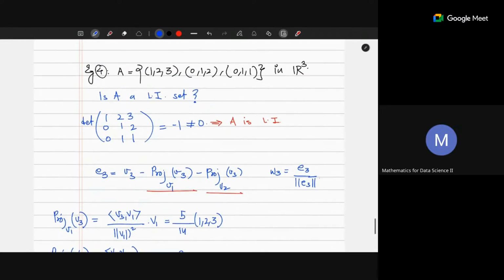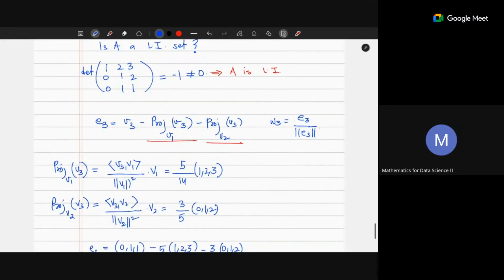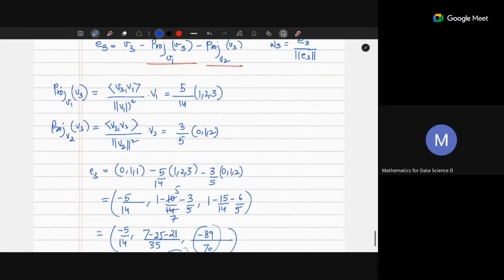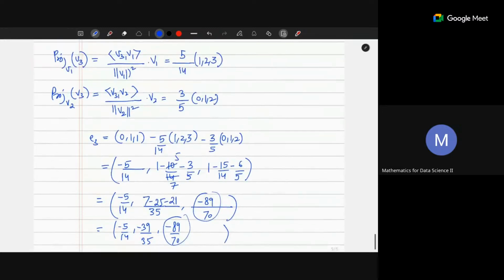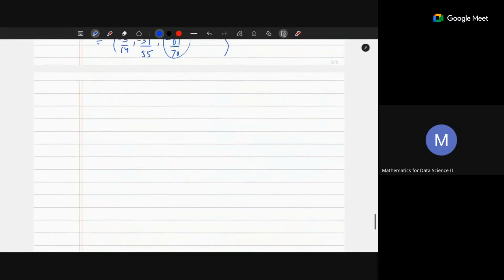How does it work? You need to start with a linearly independent subset or set that you want to convert into an orthogonal orthonormal set. And the process is simple. Okay. So let me now write it in the general case. All right.